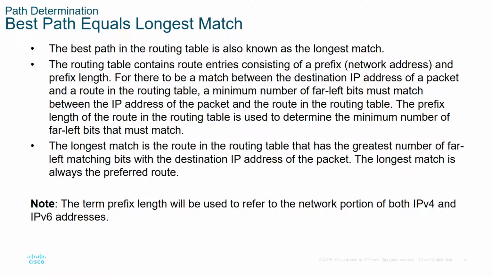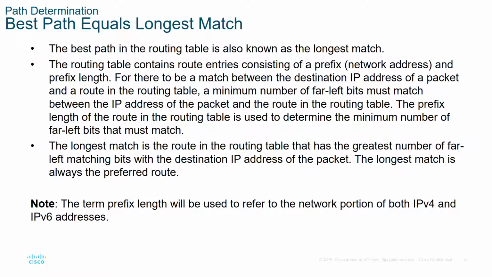Best path equals longest match. The best path in the routing table is also known as the longest match. The routing table contains route entries consisting of a prefix, which is the network address, and prefix length. For there to be a match between the destination IP address of a packet and a route in the routing table, a minimum number of far left bits must match between the IP address of the packet and the route in the routing table.